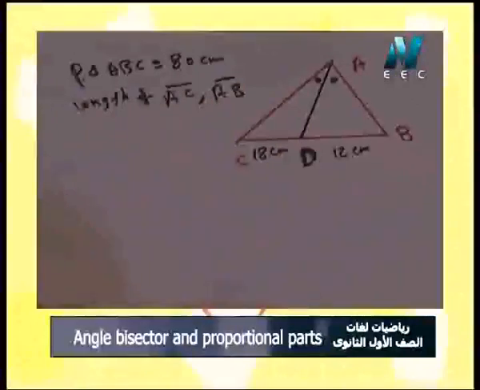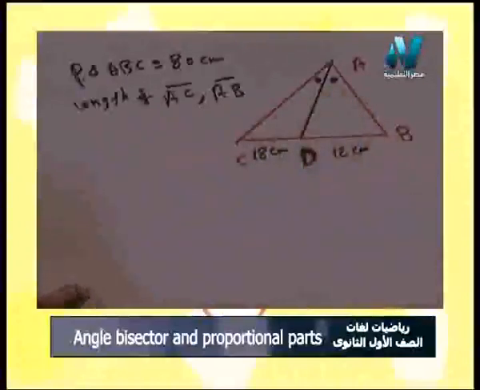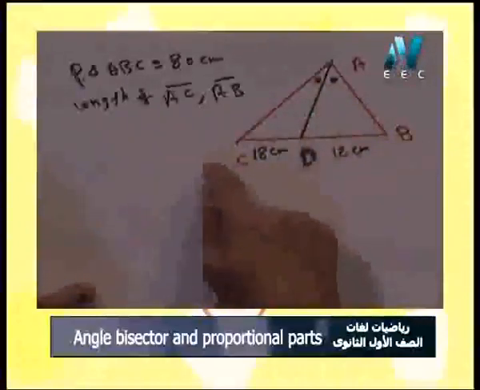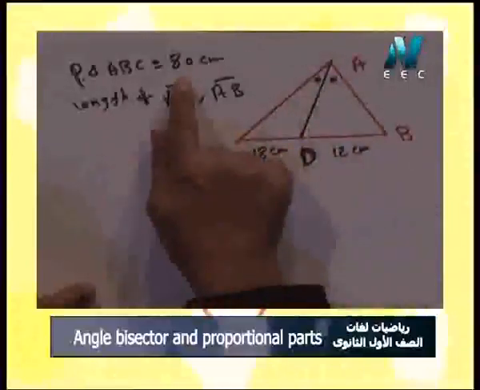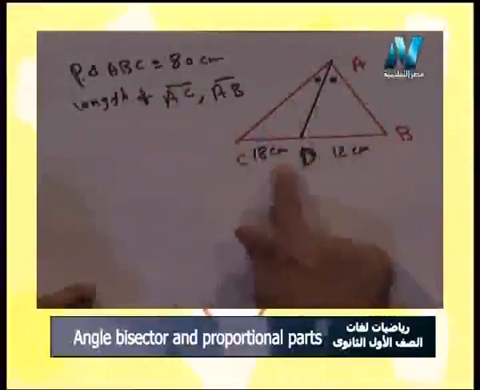Okay, concentrate with me. We have here the perimeter of the whole triangle, AB plus BC plus CA, equals 80 centimeters, and we also have CB equals 18 plus 12.